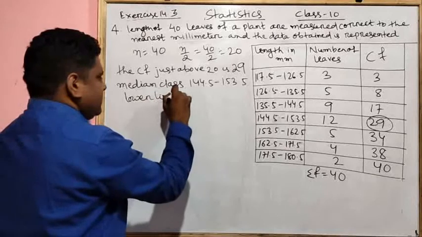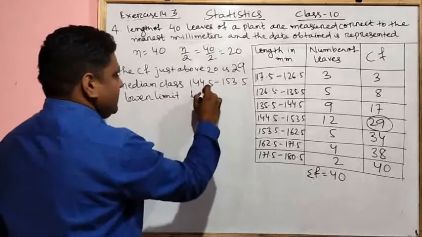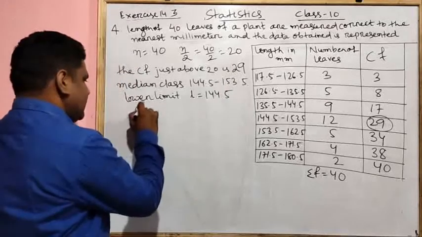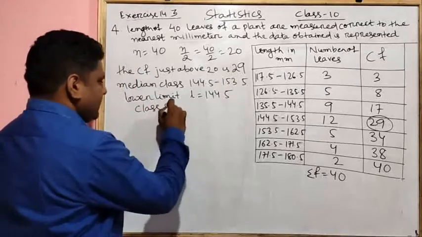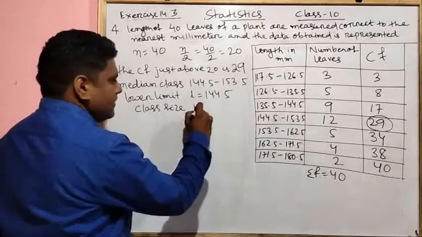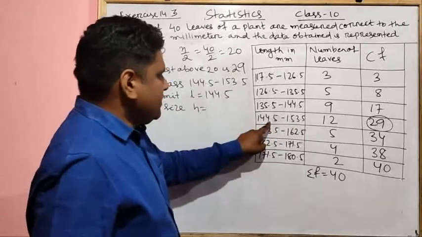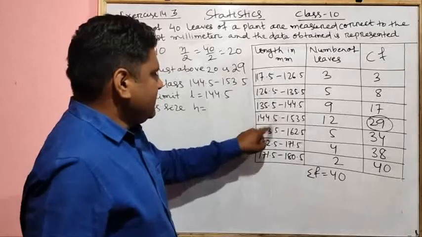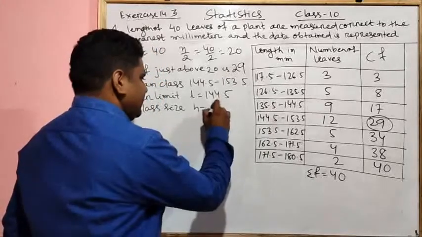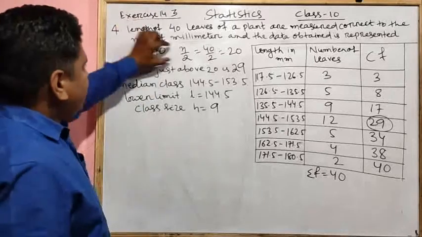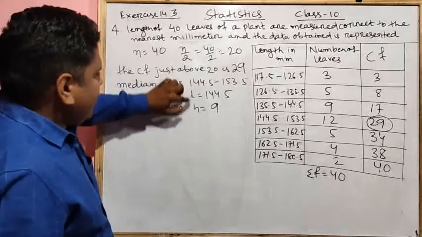Lower limit of median class L equal to 144.5. Class size h equal to 153.5 minus 144.5, which is 9. Now we have found n by 2, then L and h.